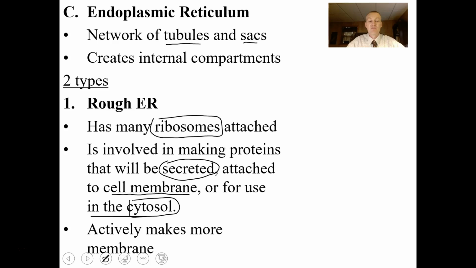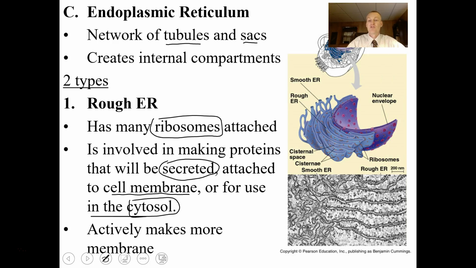They actively make more membrane as well. So your cell membrane wears out, and this is the part of the cell that makes more membrane and helps to repair membrane, or to replace membrane that's been damaged or destroyed.